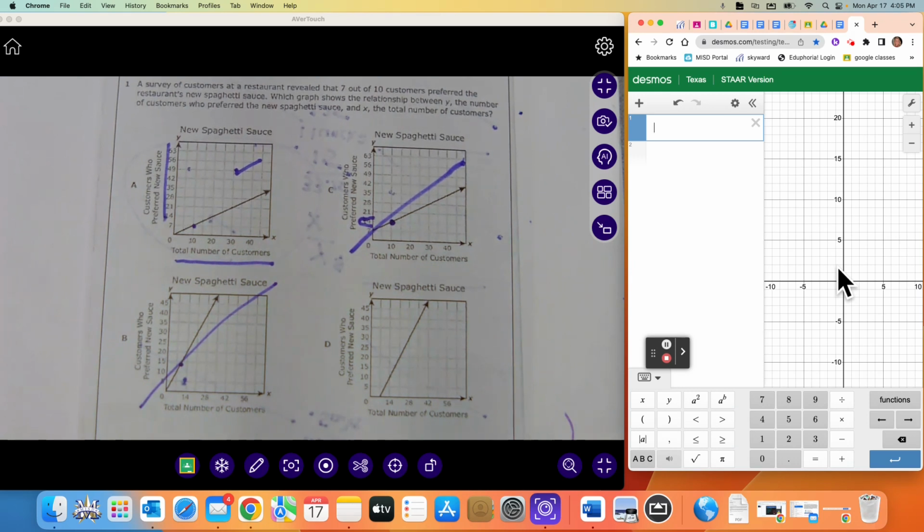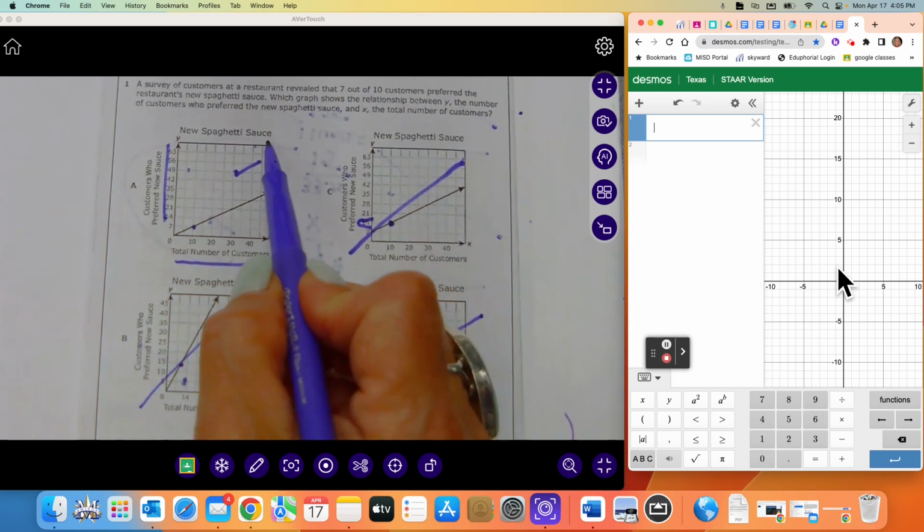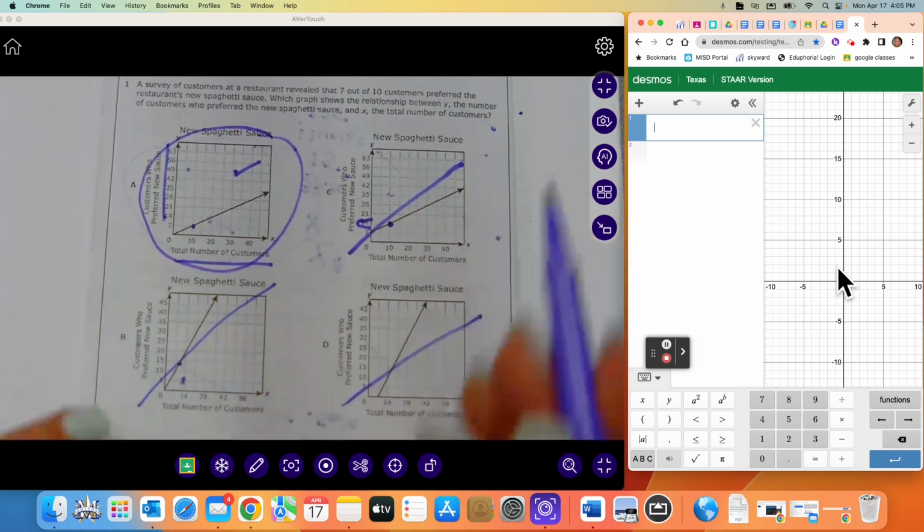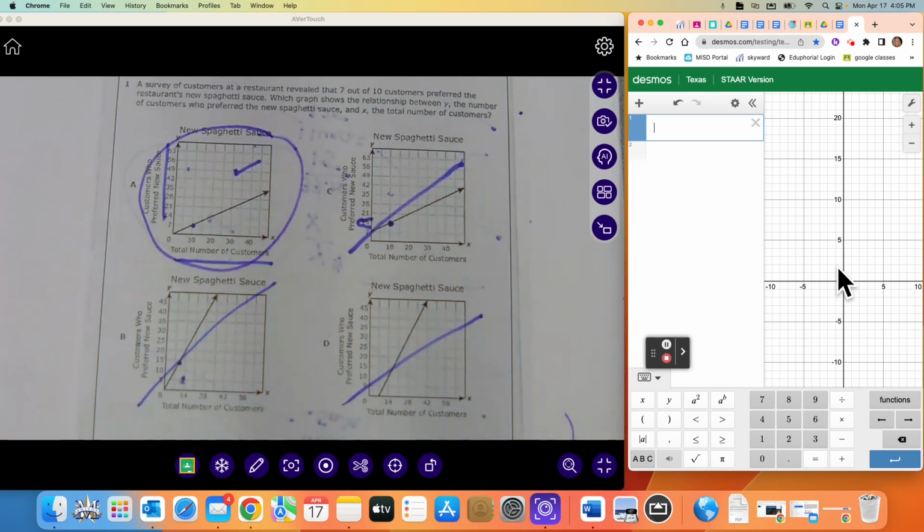And this one here, 10, this would be 7, so 10 would be about right here, and you go up, so it doesn't match this one. So the one that it matches is this one here. Okay, we're going to do one more.